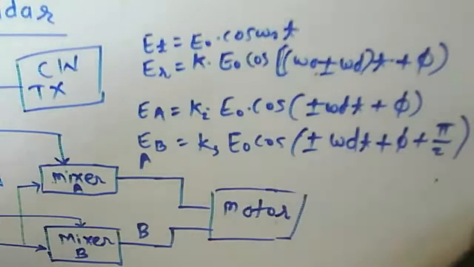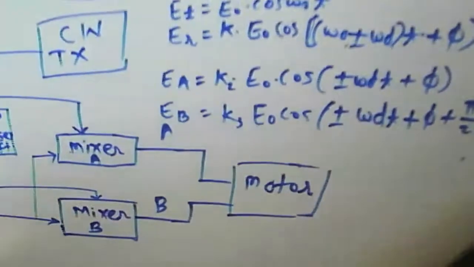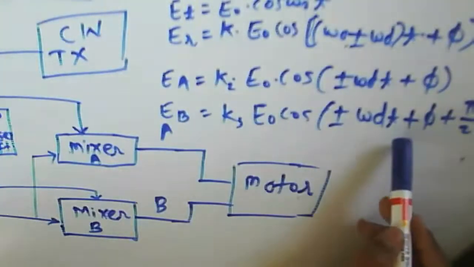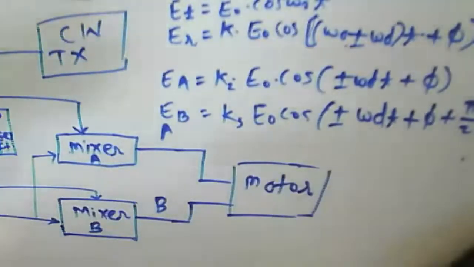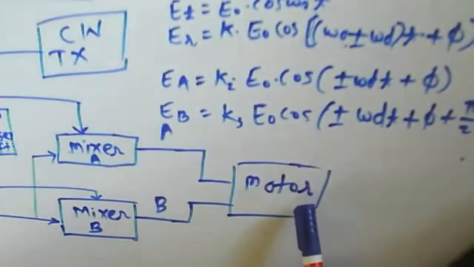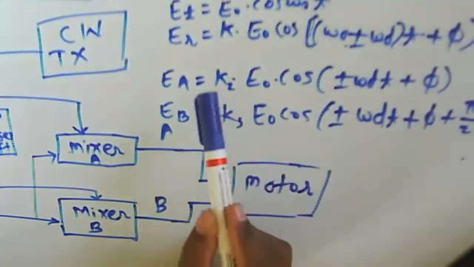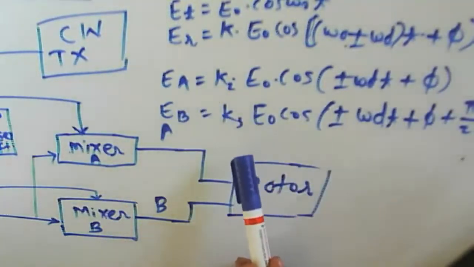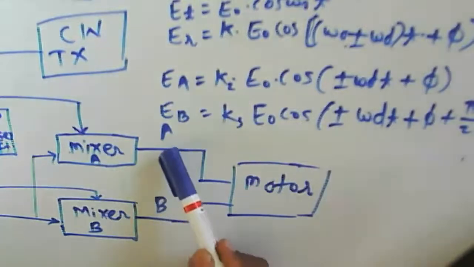So from this we can find out the direction of the target motion, target motion toward the radar or away from the radar. And that indicates what the target direction is, which will be indicated through the motor. So through this equation we say channel A and channel B.